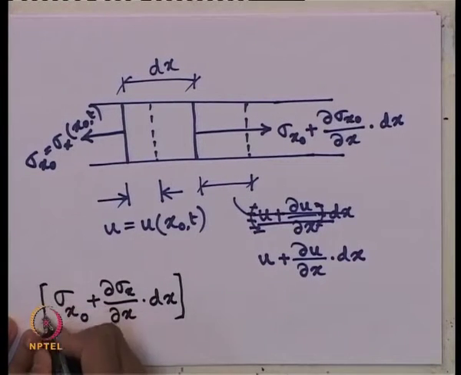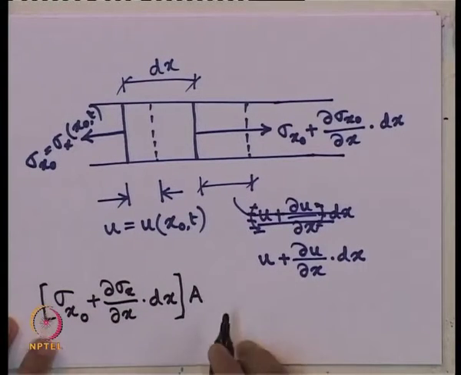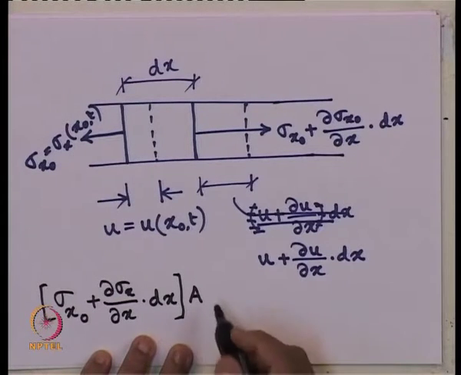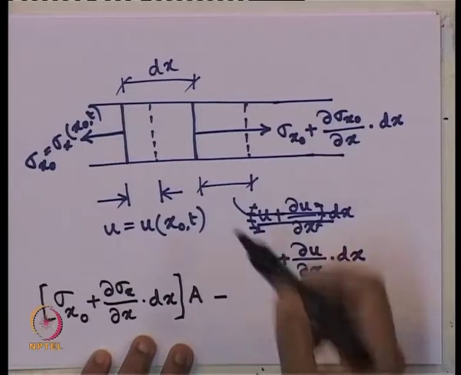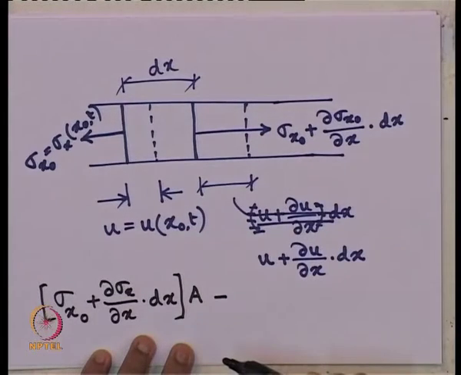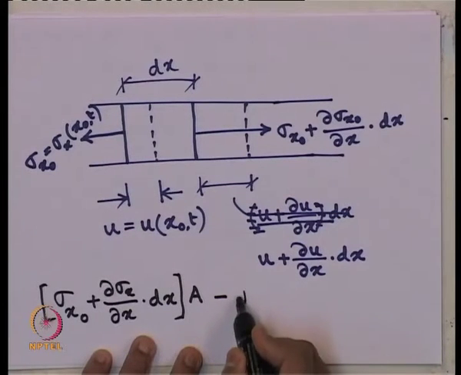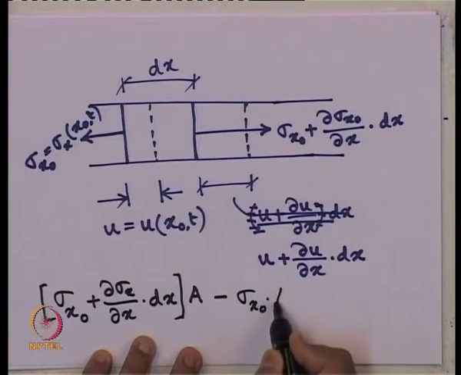This stress times cross sectional area will give us force in the x direction, right, minus this is the force acting on the right hand side of the element. On the left hand side, it is sigma x naught times A.